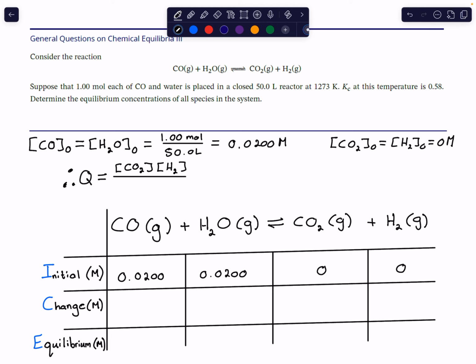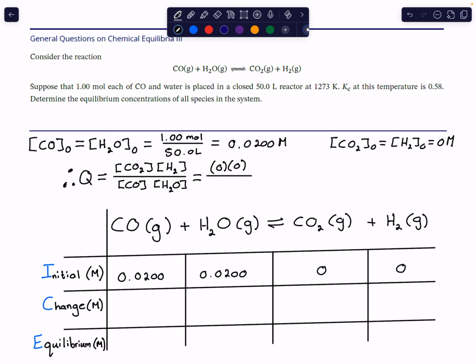So let's write the reaction quotient, and I hope you're very comfortable with writing these types of things now. So the reaction quotient for this reaction is that, right? Hydrogen and carbon dioxide are the products, carbon monoxide and water vapor are the reactants, so they go in the denominator. And if we plug this in, well, very shockingly, both of these at the top are 0.